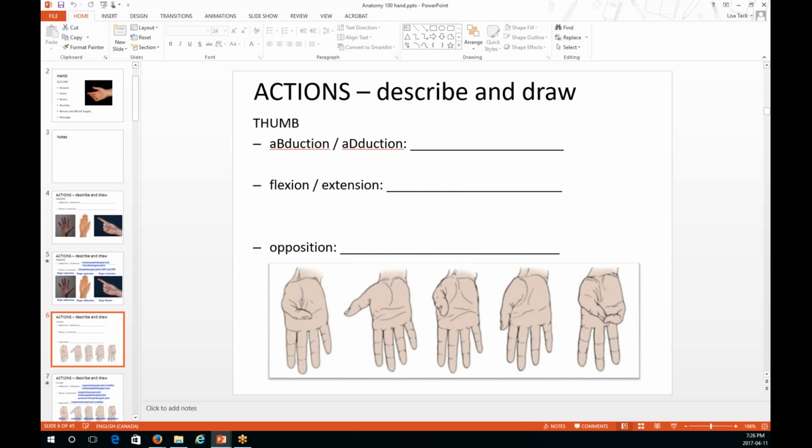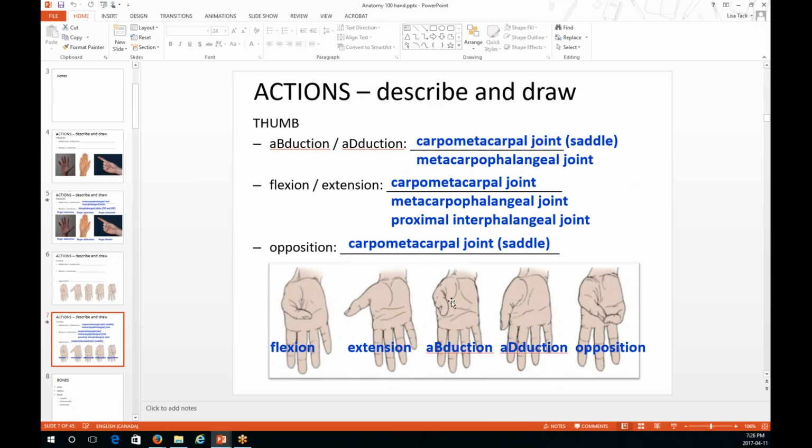This thumb business. Okay, good. This slide's correct. This thumb business drives me nuts because, to me, if we're talking anatomical position, flexion and extension occur in the sagittal plane.